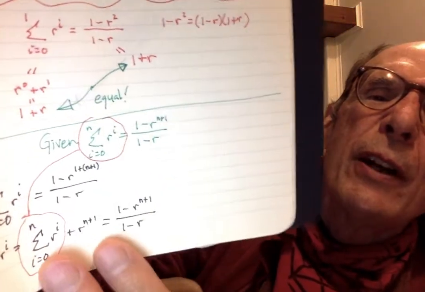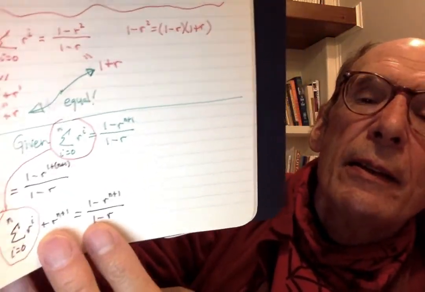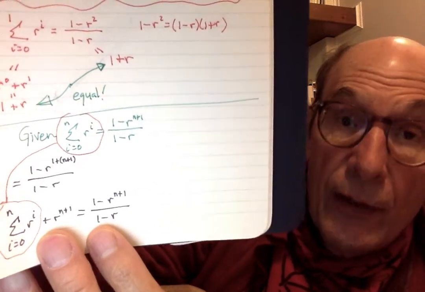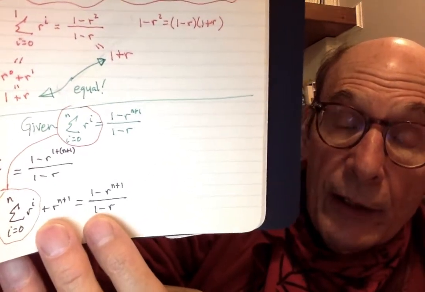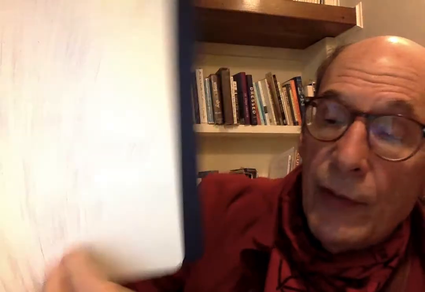So what I've done right here, this is the fact that is given to me as part of mathematical induction. This fact is given. If you have something that's given and you don't use it, your proof's probably not valid. So let me just make a note here that this was given. Oh, and I didn't finish the expression. So we still have to add on r to the n plus 1.